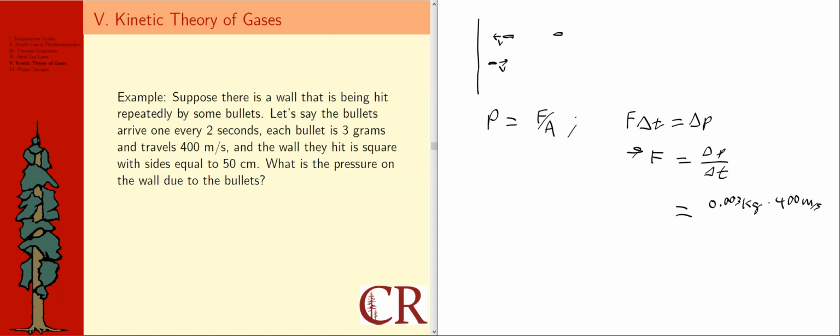However, because in the picture the bullets are bouncing off elastically, this would be the amount of momentum lost if a bullet just hit the wall and dropped down. But we didn't even say there was gravity, so maybe it would just sit there, right? But we're saying it bounces off, so the total change in momentum should be 2 times what we're calculating here. So let me make sure to remember a multiplication by 2.